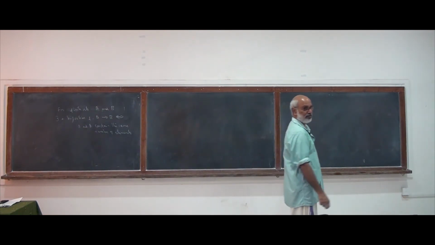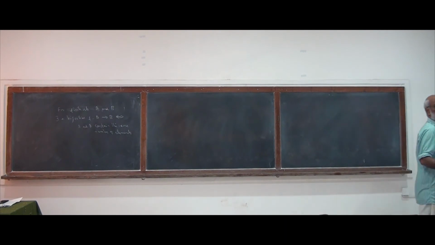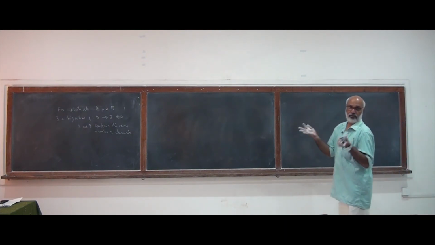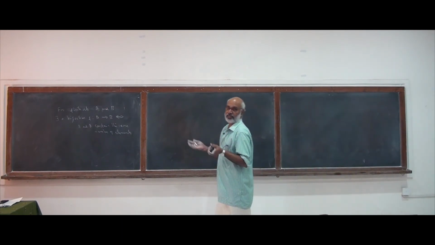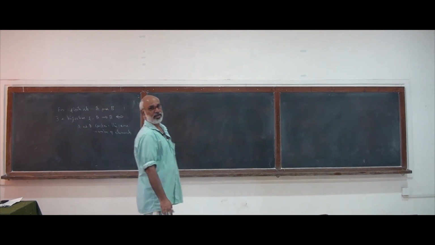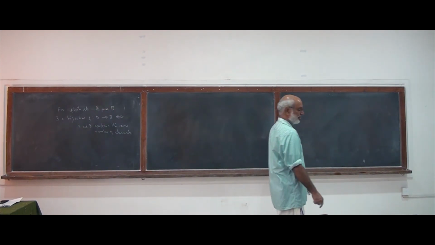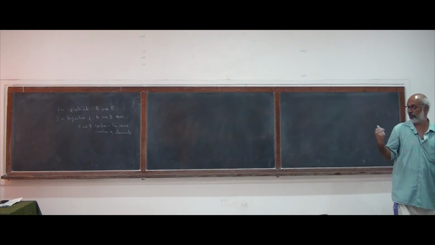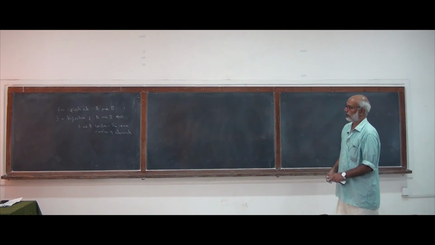If A and B are sets and there is a bijection between A and B, a one-one map or one-one correspondence, this exists if and only if the number of elements of A is equal to the number of elements of B. In the case of finite sets, this is a very important property of bijections.